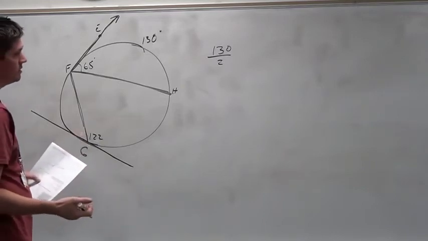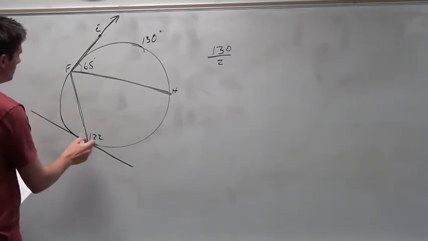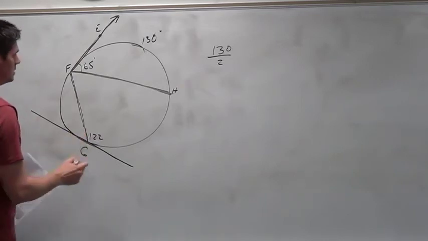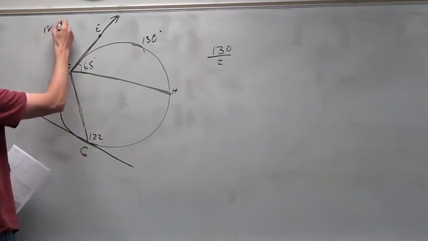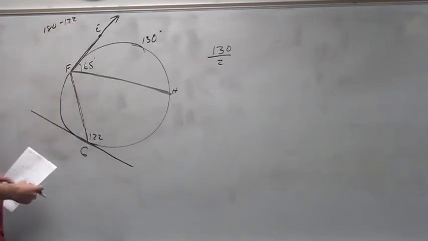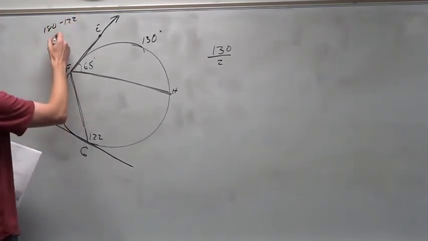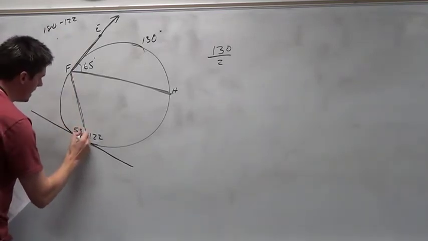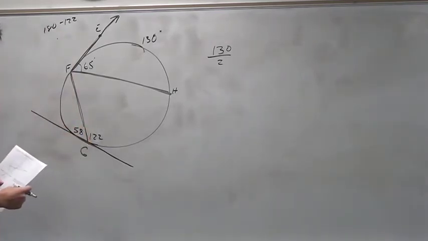Can we use the straight line to say that if that's 122, then this side's got to be the opposite? Sure. 180 minus 122 gives you 58. So we know automatically that that is 58 degrees.